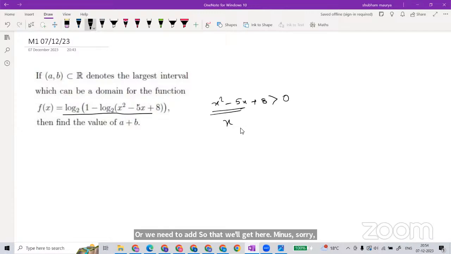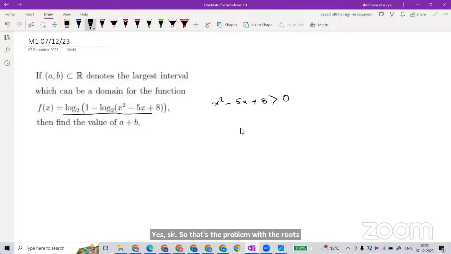How can we factor it? You are not able to get the roots in integer form. Yes, sir, that's the problem with the roots.